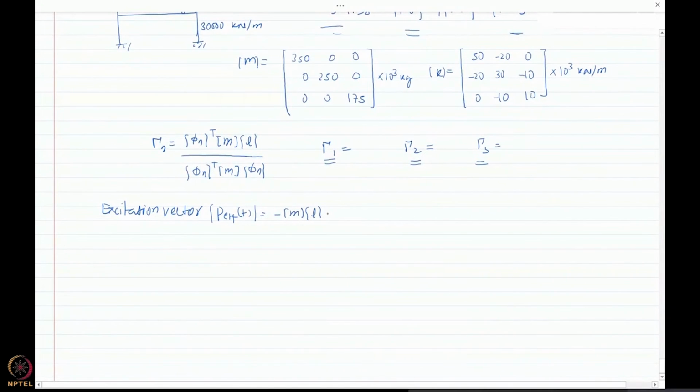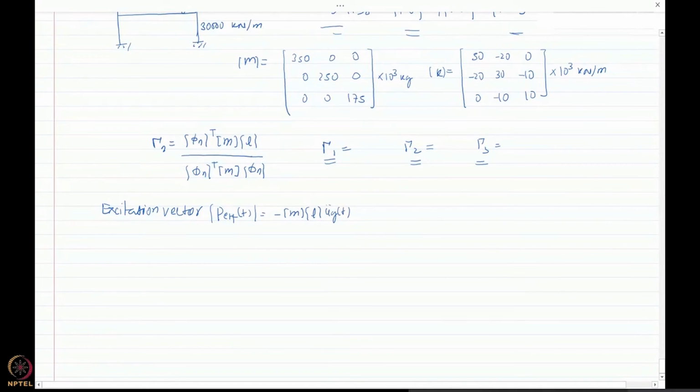Now, many times it would be required for you to find the excitation vector. Do you remember? The effective excitation vector P effective is nothing but minus M L times UGT.